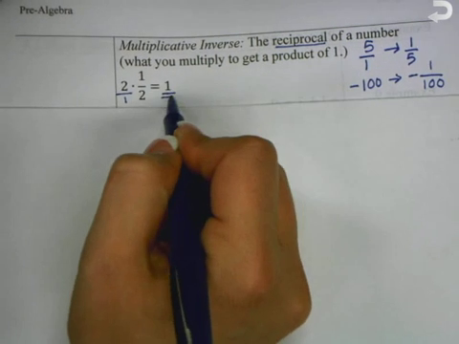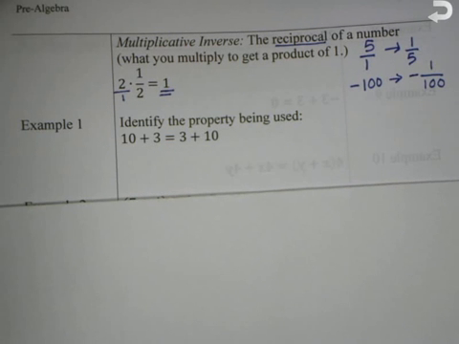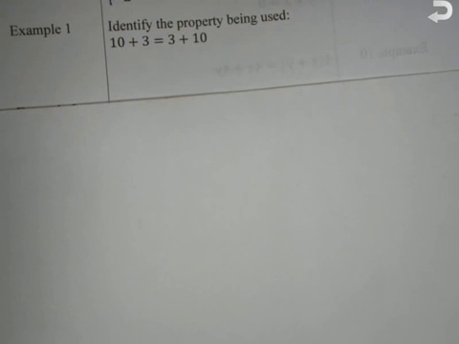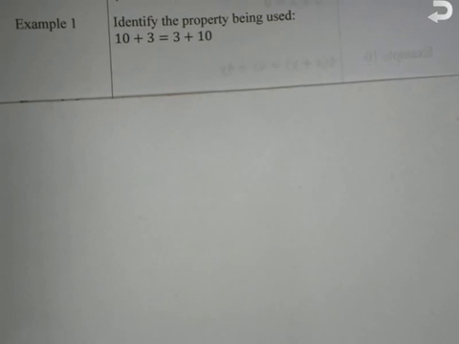So, example 1, all we want to do is identify the property here. 10 plus 3 equals 3 plus 10. Look in your spiral book. What property is that? It's the commutative property.